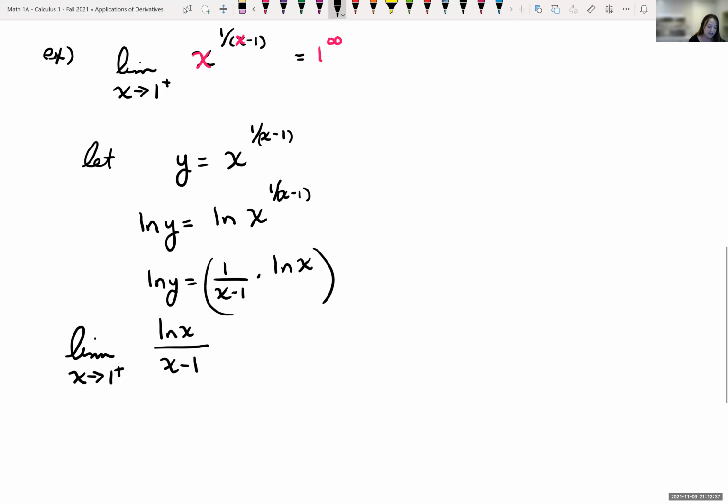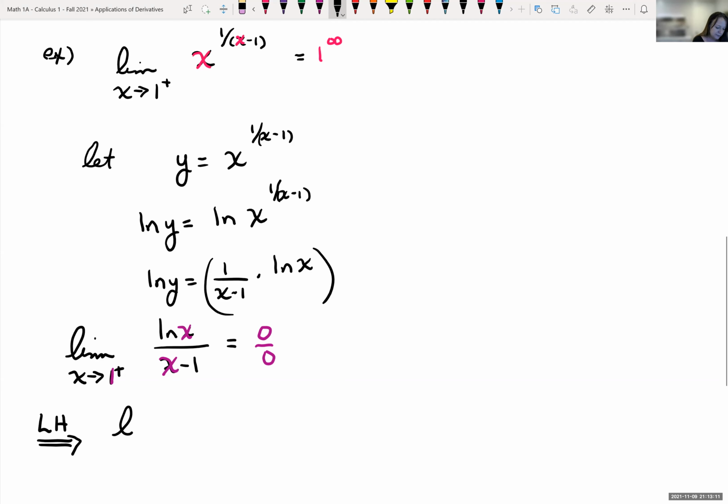And so now when I plug in x approaching 1 for my limit, as I'm getting closer and closer to 1, the natural log of something getting closer and closer to 1 goes to 0. And 1 minus 1 in my denominator also goes to 0. So we've just manipulated this to be in the form that we can use L'Hopital's rule. And so let's go forward and use L'Hopital's rule on this.